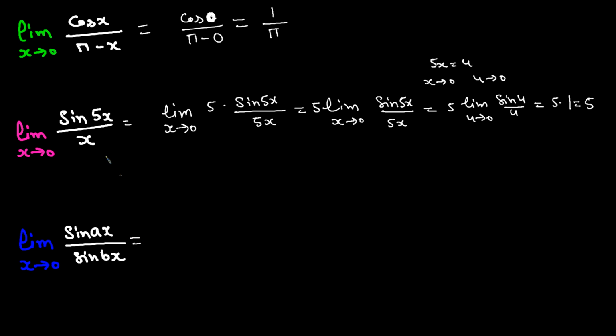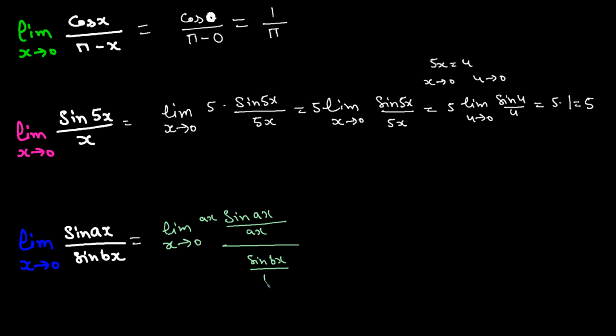Alright, let's do this one. In this case we got limit as x approaches 0 of sine ax over sine bx. So see, we got sine in the numerator and we got sine in the denominator. So what I'm gonna do, I'm gonna multiply and divide by ax over here. Same thing I'm gonna do for the denominator, bx.